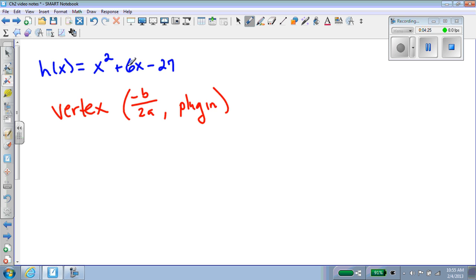So b is 6, so the opposite of b is -6. A is 1, so 2a, 2 times 1. So the x-coordinate of the vertex is -3.